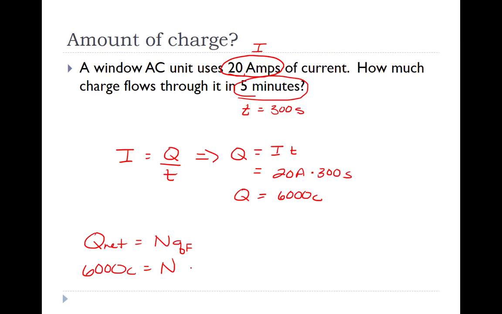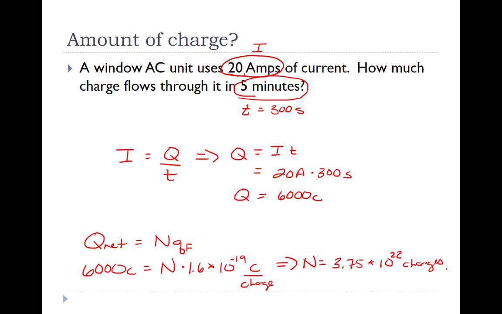N is the number of electrons, and in this case, I'm going to multiply by 1.6 times 10 to the minus 19 coulombs per charge, or coulombs per electron, however you want to think about it. And that results in 3.75 times 10 to the 22nd charges that flow through this circuit in those 5 minutes.